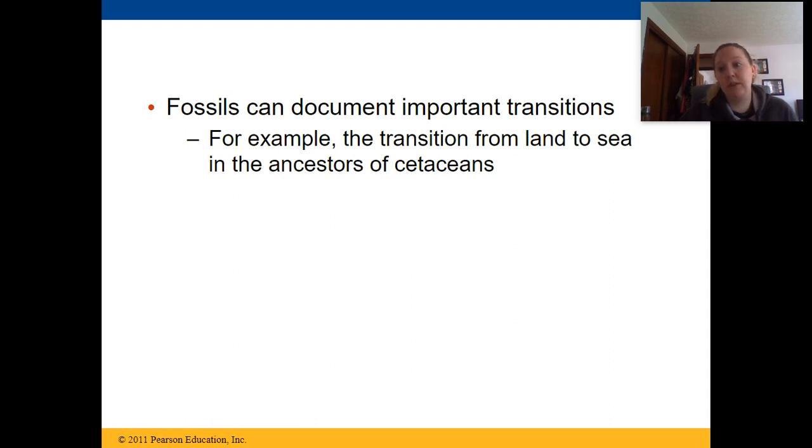So it is originally thought that whales once walked on land. There is evidence that whales once had a pelvis bone, which is the bone that your legs connect to, although they don't have legs. So that led scientists to believe that one period in time, whales did actually walk on land.